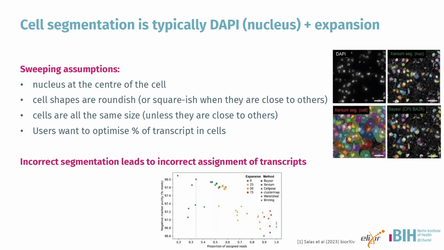So how often are you observing markers of other cell types within your cells? But this comes at the cost of the proportion of transcripts assigned to cells. Whereas the Xenium approach manages to nearly assign every transcript to a cell, but you have a drop in marker purity. So you're now beginning to get contamination from transcripts which really should not be expressed in those cell types.